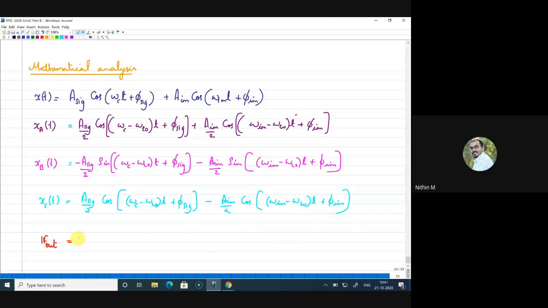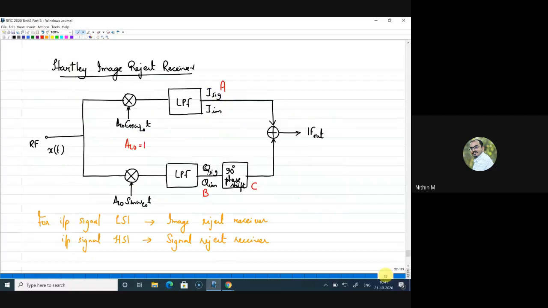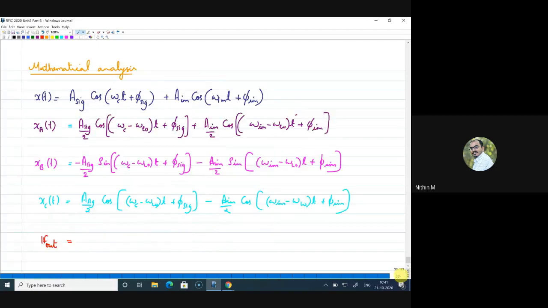So now your IF output is actually the sum of xa of t and xc of t. That will result in only the signal component. A signal by 2 and A signal by 2 will get added up, giving A signal cos of (omega c minus omega LO) t plus phi signal. So this is how we can mathematically prove that this Hartley image reject receiver will reject images and retain the signal, right?